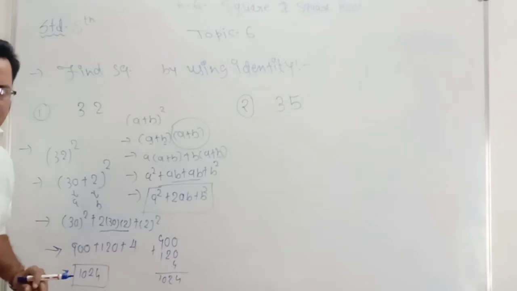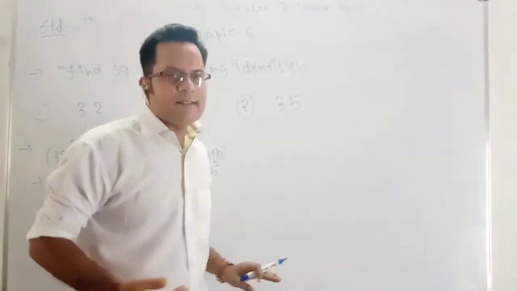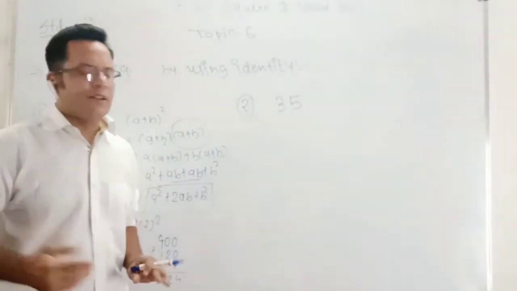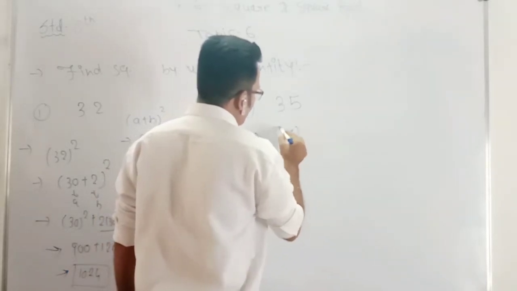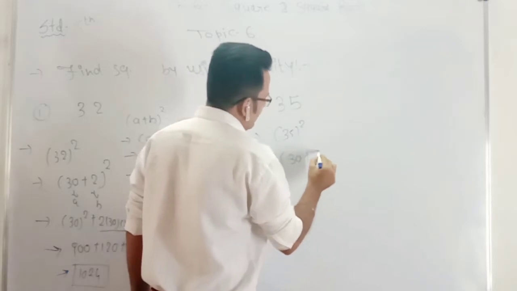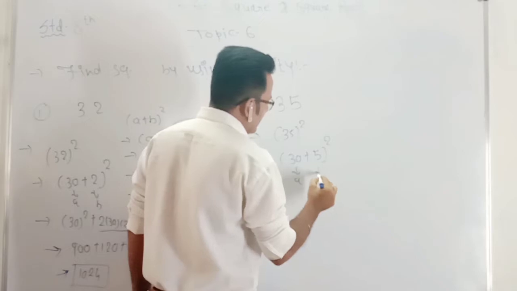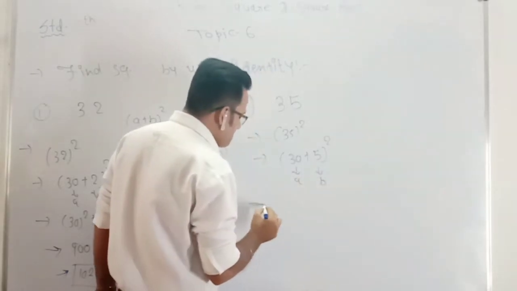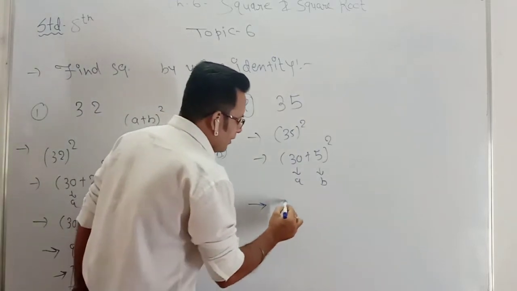Remember, while splitting, take the rounded numbers, so it becomes easier for you. Now we have second number, that is 35. So 35 square means 30 plus 5 whole square. This is A, this is B. Now A square plus 2ab plus B square.